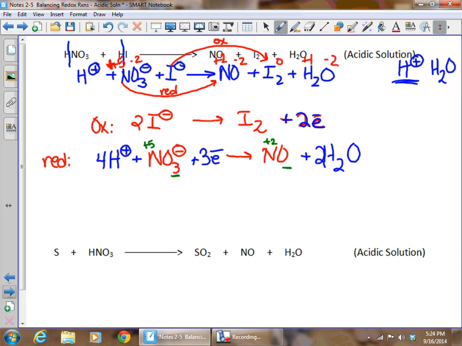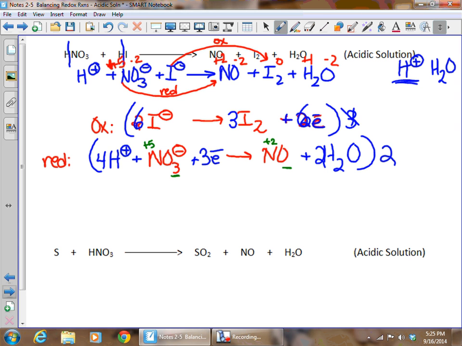So now what do we need? We need to get those charges balanced. So I'm going to multiply that top one by 3, the reduction one by 2. And how is that going to play out? That 3 is going to change this into a 6 in front of the iodide, 3 in front of the I2, and our 6 electrons.